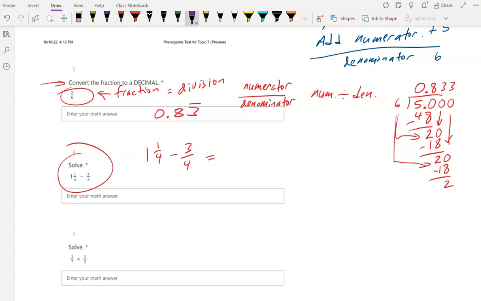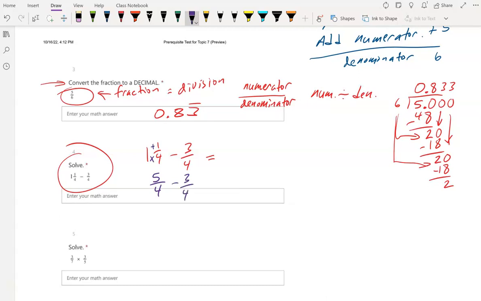So I am going to multiply 1, my whole number, times my denominator. 1 times 4 is 4. And then I'm going to add the 1, which makes it 5/4. And now I have 5/4, which is the same as 1 1/4.